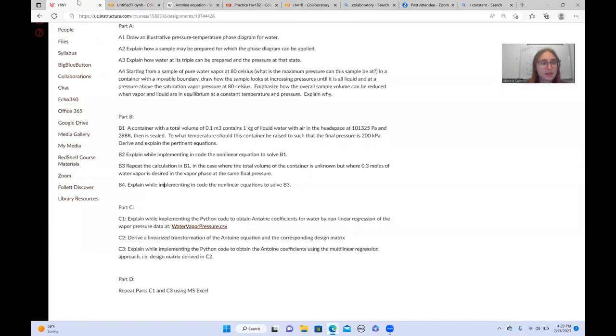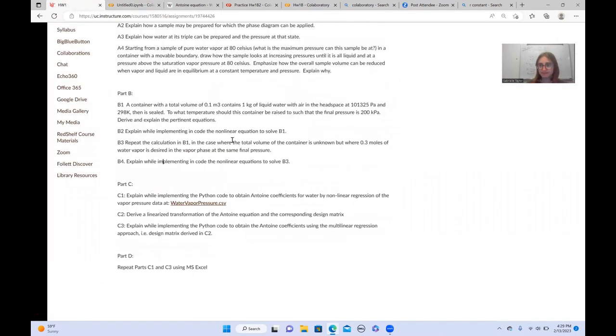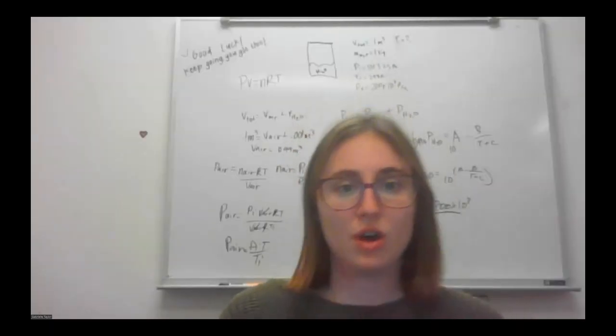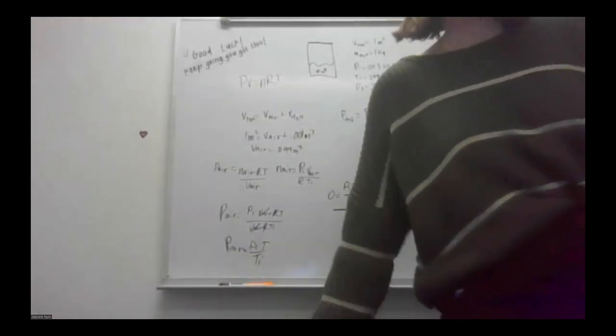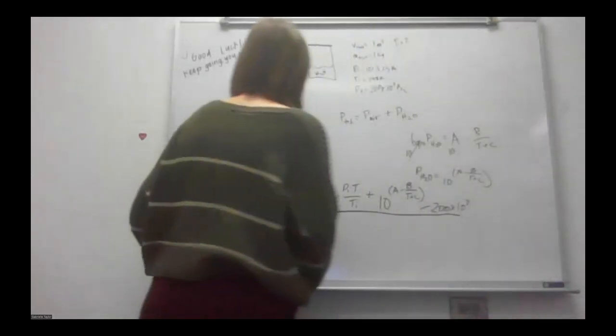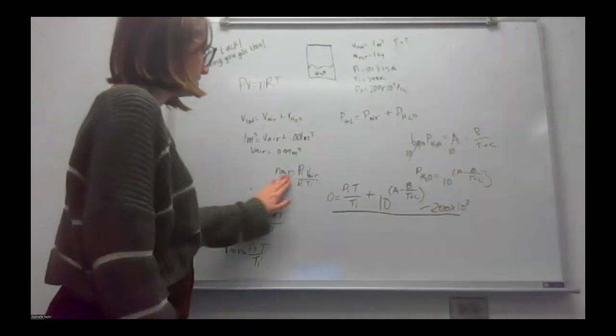So next, part 3 of B. I'm going to stop sharing my screen. Okay, so it says, repeat the calculation. So I'm going to try to remove this over here.